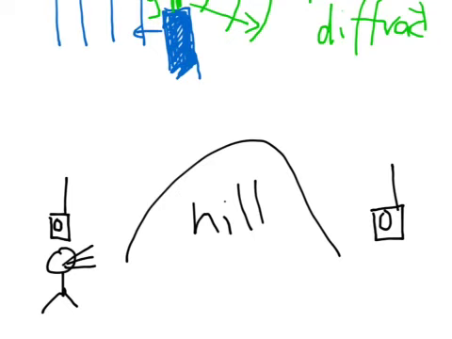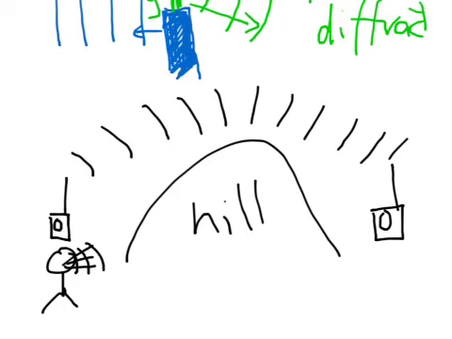So the signal's going into the walkie-talkie, and it transmits over the hill and is received. And this person here is their ear. They hear the walkie-talkie.